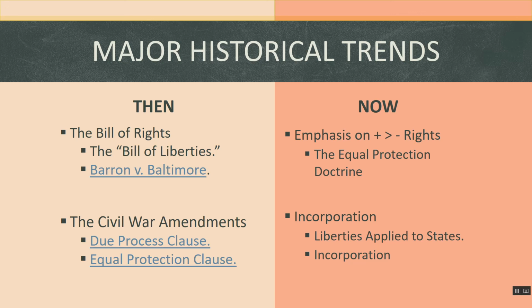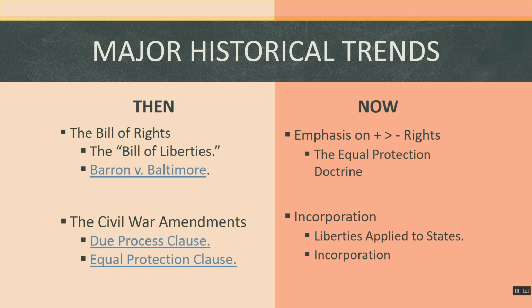In other words, incorporation refers to a historical trend by which the United States Supreme Court has applied prohibitions on government action that originally only limited the federal government to the states. So if the Bill of Rights forbids an action by the federal government, it also, under current Supreme Court interpretation, forbids the same action by the states.